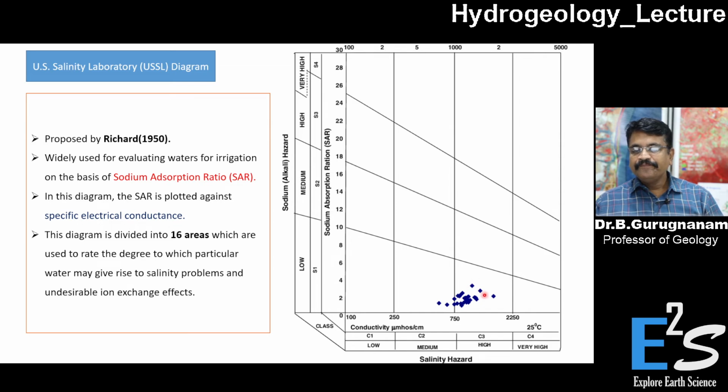Suppose you see here a cluster of samples falls in higher conductivity and low sodium hazard, and a few samples fall in medium conductivity and low sodium hazard.